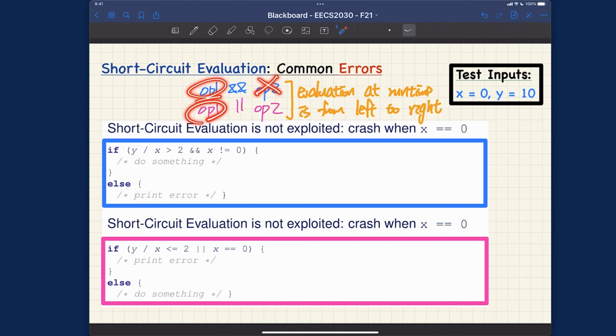For disjunction, if this is already true, then we don't bother with the second one. So the consequence is that the order of the guarding constraint is crucial.